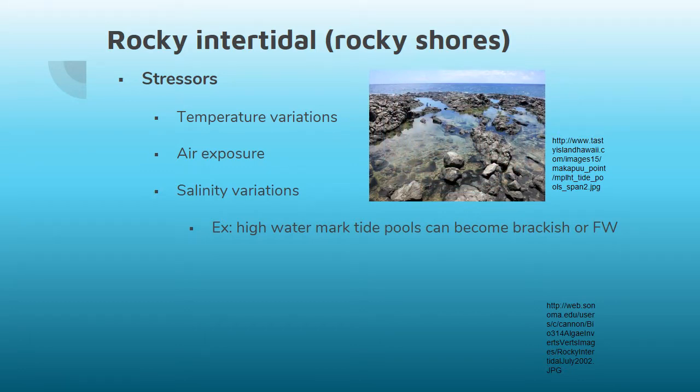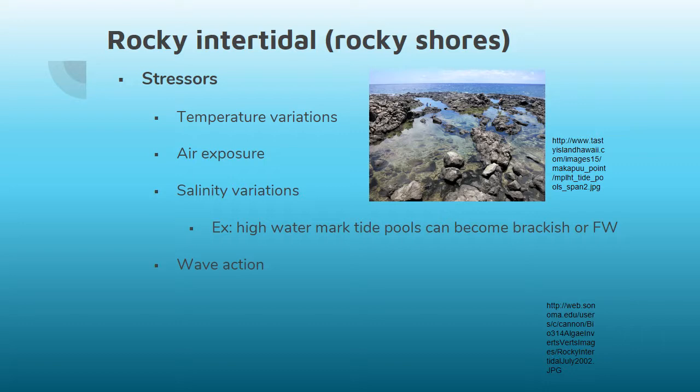So here's a picture of the tide pools, and they're pretty big and kind of towards the low water mark, and sometimes it's the smaller ones that are more prone to becoming brackish or freshwater. And rocky intertidal, I did say wave action for sandy shores because of course there are waves coming into the sandy shore, but we have the burrowers, so there's just less wave action to be involved.